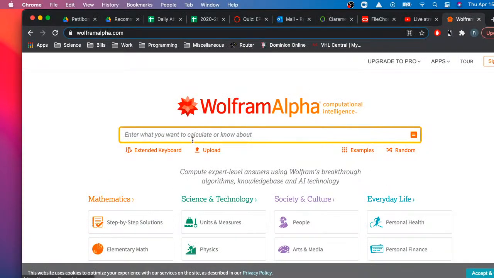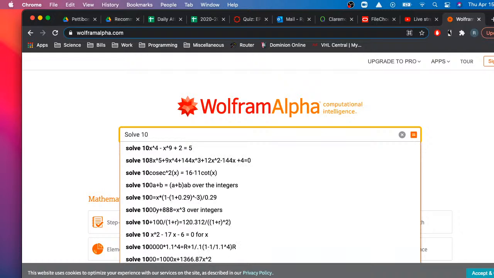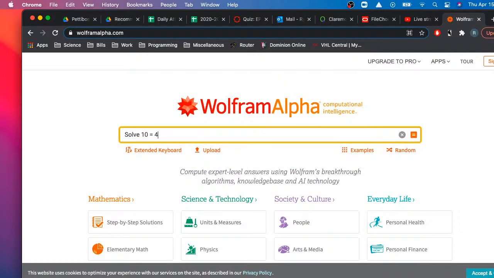So here's Wolfram Alpha, and I'm going to put solve, and I'm just going to list all the equations. So 10 equals 4x minus 7y. Again, remember, I'm making the substitutions.